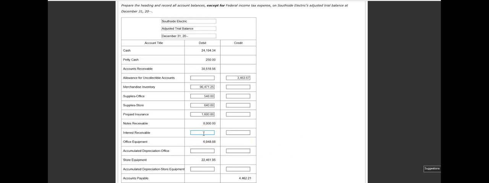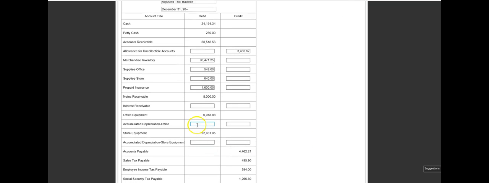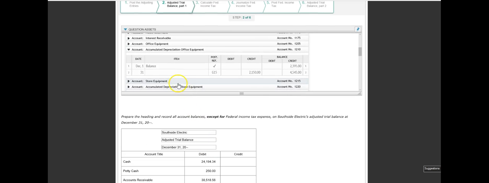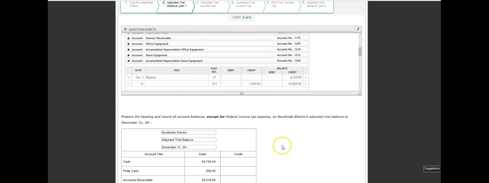Interest receivable, it was like $69.33. Yep. Accumulated depreciation office, that's a credit, 4,545. Accumulated depreciation store, 16,004.